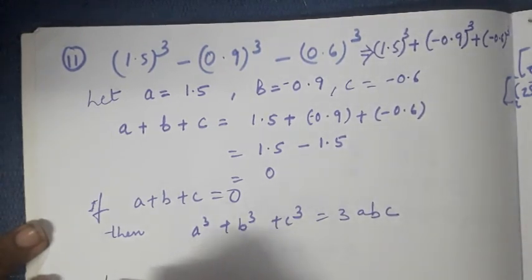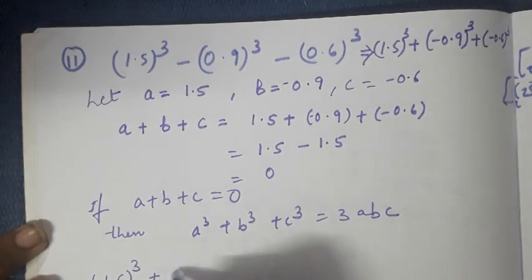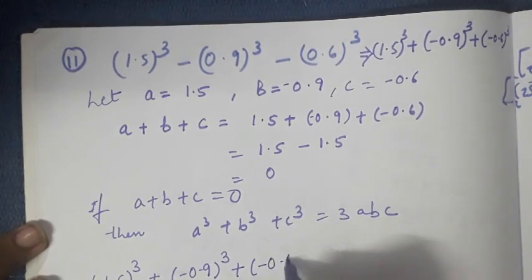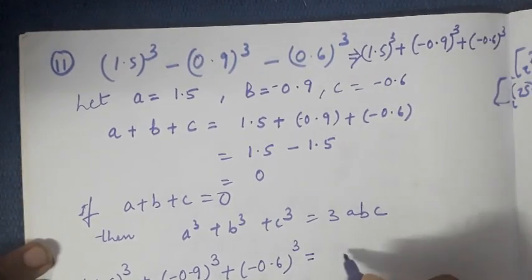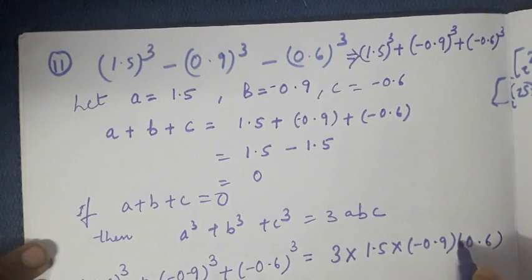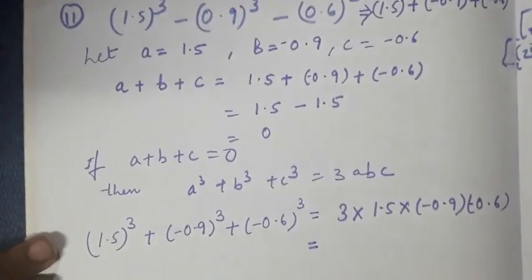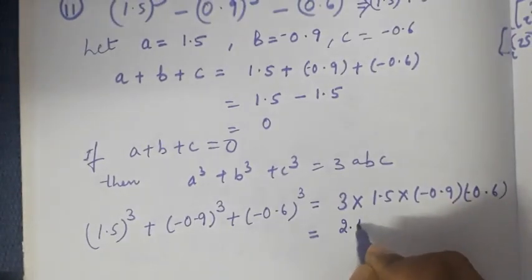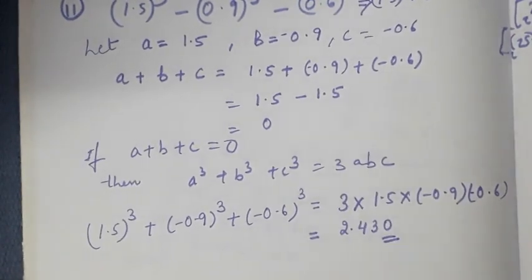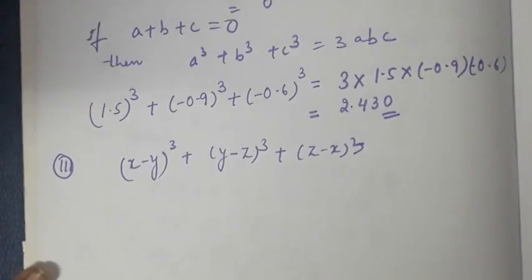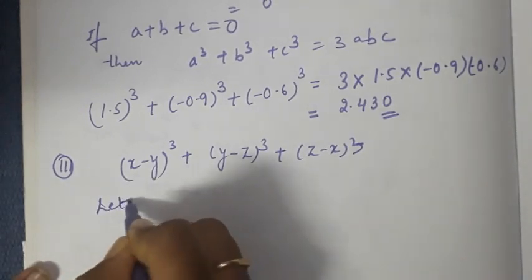So (1.5)^3 + (-0.9)^3 + (-0.6)^3 = 3 times A, which is 1.5, B is -0.9 and C is -0.6. So the answer will be, after multiplication, -2.430.